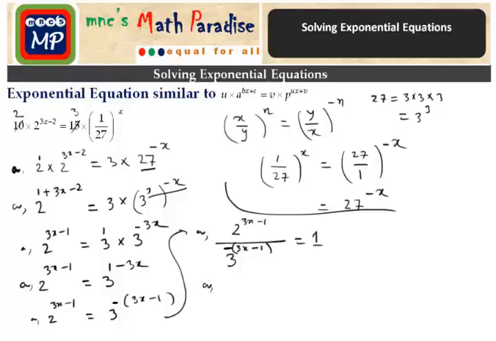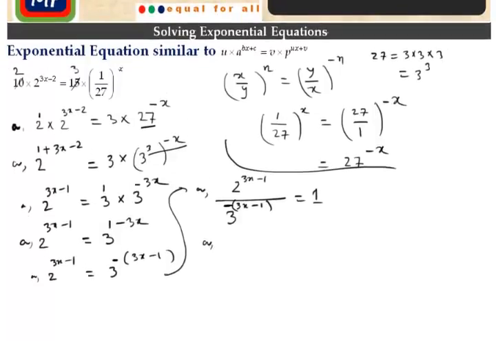Or 2^(3x-1) times, because if we take this minus power to the numerator, it will become plus, 3^(3x-1) equals 1.